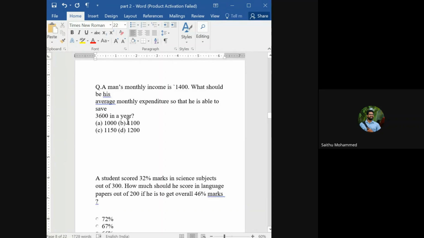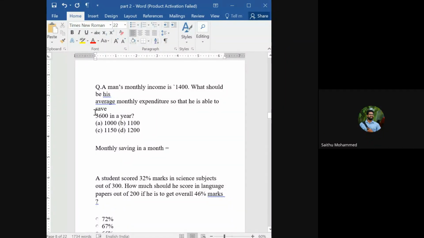We need to find out what should be his average expenditure in a year if we want to save 3,600 rupees. So first we will see what should be his monthly saving in a month. How to find that?